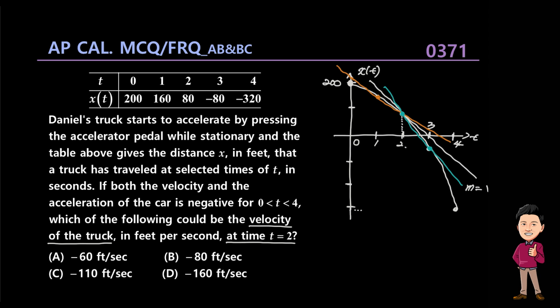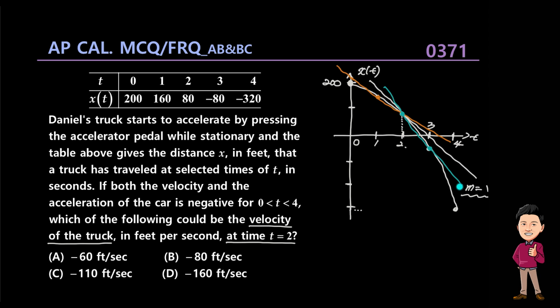Obviously the slope of this tangent line has to be between the slopes of these two secant lines, the slope of this blue line and the slope of this red line. Does that make sense? Here, acceleration is negative, which means the slope is decreasing.